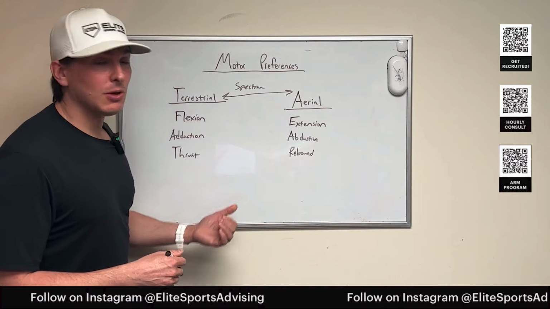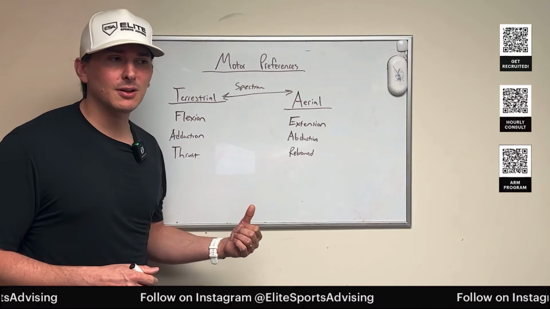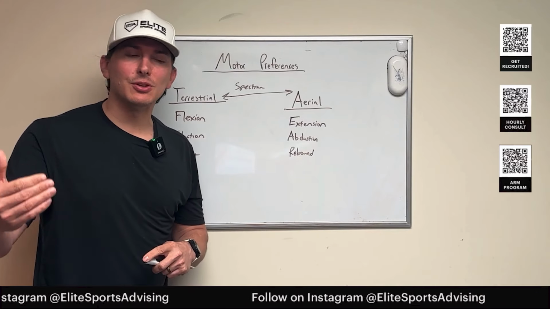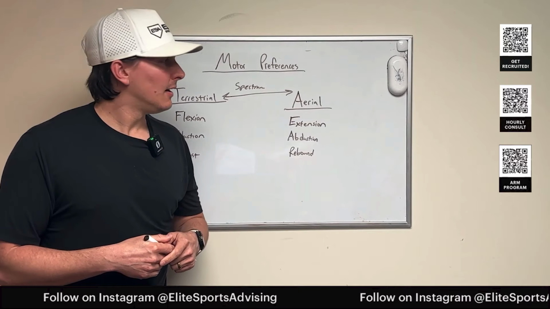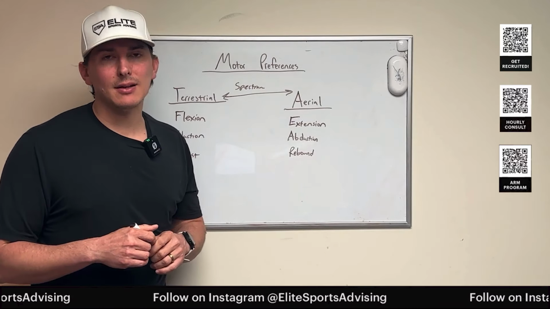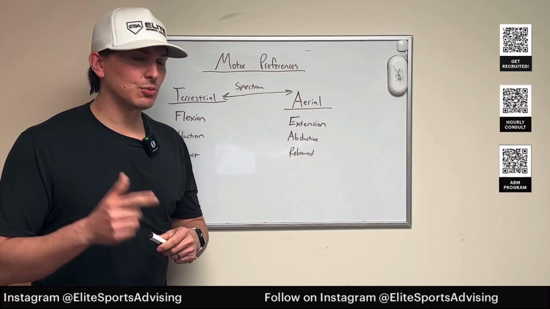So I hope you like this, guys. There's actually a lot more we could talk about between aerial and terrestrial, but I'm just in the beginning of this book now, and as I continue to read through it and do more research and get more up to speed on it, I will do more videos based on this. But I highly recommend getting the book, Motor Preferences for Baseball by Matt Swope and David Genest.